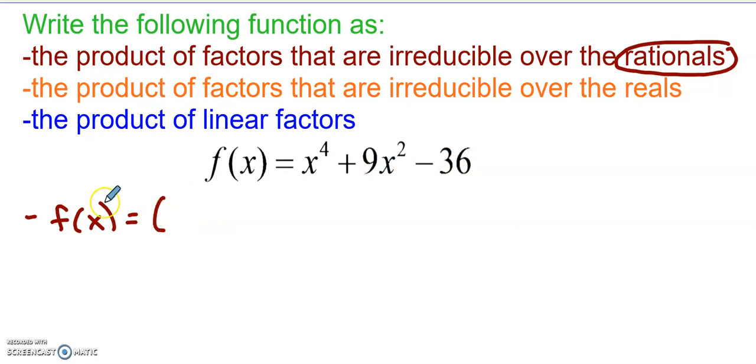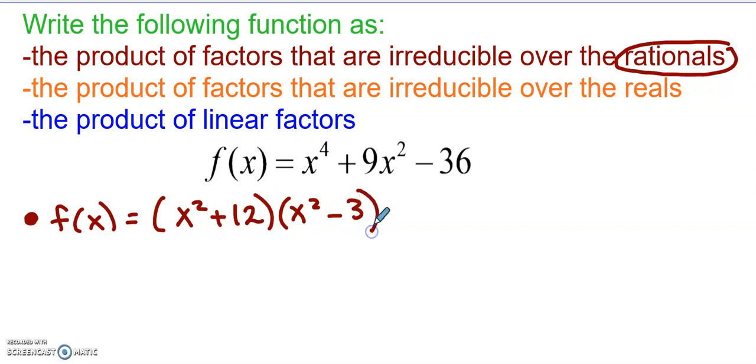Okay, we can do that. Maybe I should use a bullet point because that looks like a negative. x squared plus 12, x squared minus 3. Okay, right? Because 12 times negative 3 is negative 36, and 12 plus negative 3 would give me 9. So these numbers are rational.